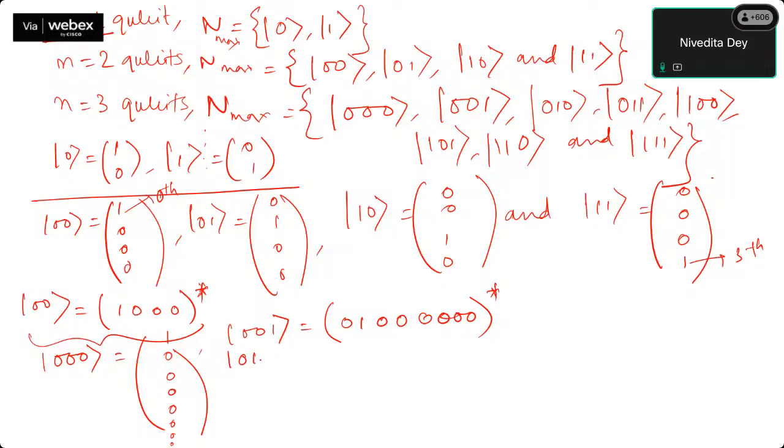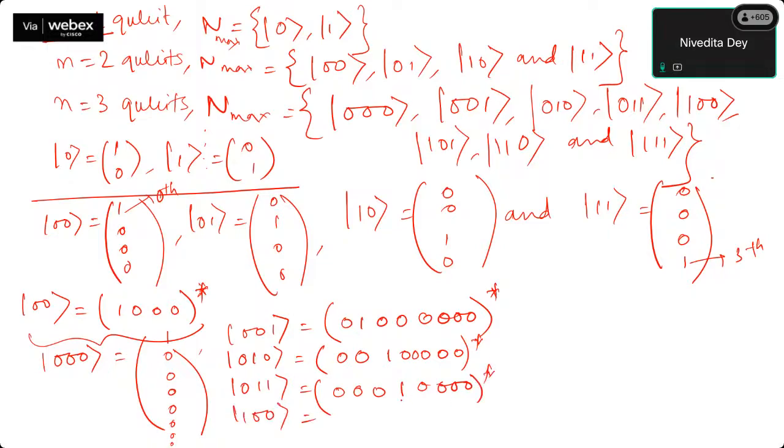Then 010 will be 0 0 1 0, then all these things. Okay, 011 will be 0 0 0 1 0 0 0 0. Let me write all of them.